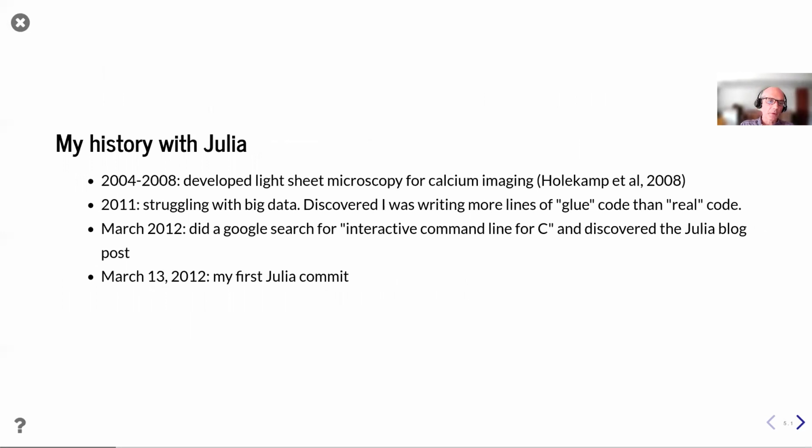Right around the time they were working on Julia, my lab was struggling a lot with big data, and I discovered that I was spending so much time rewriting things in C, and writing glue code to be able to call the C, that I was spending more time on that than writing real code. And so I began to question whether my high-level language was really saving me any time.